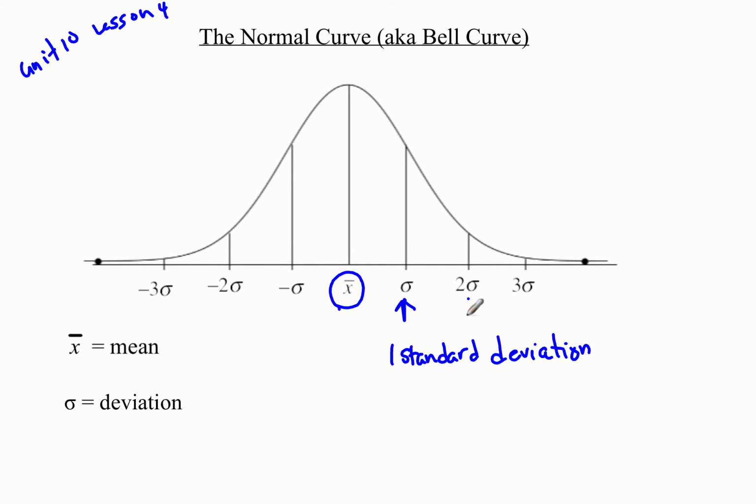You can be two standard deviations above average. And then they go out to three standard deviations above average. And then we can break them down in between. You can be 1.5 standard deviations above average. Likewise, you can go the other way. It could be one standard deviation below average, two standard deviations below average, three standard deviations below average.